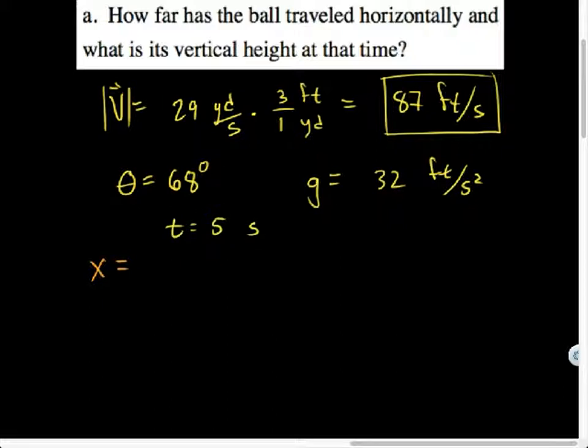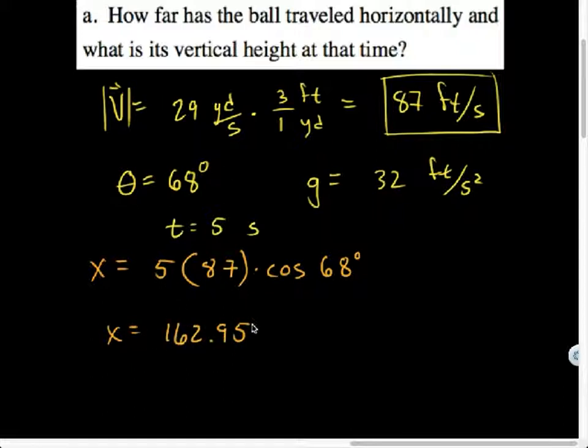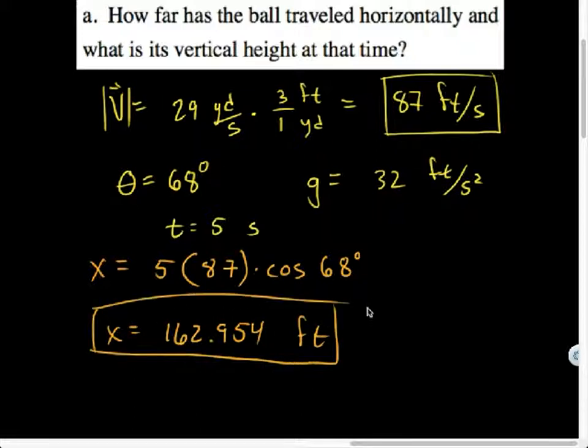So I'm going to have 5 multiplied by the initial velocity, 87, multiplied by the cosine of 68 degrees. This is going to be the horizontal location 5 seconds after the initial kick. So 5 times 87 times the cosine of 68 degrees, I get 162.954 feet.